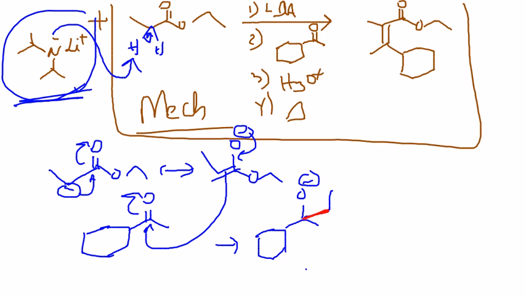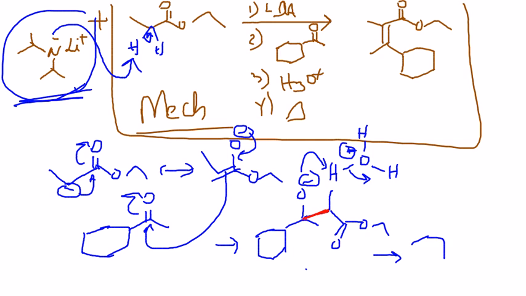So a methyl on that. And a COOEt is still there. So this negative charge, since we have hydronium, is going to get protonated pretty quickly. So you'll first get the aldol.